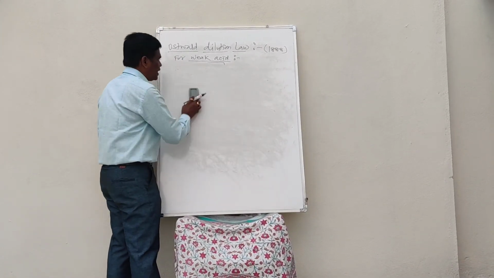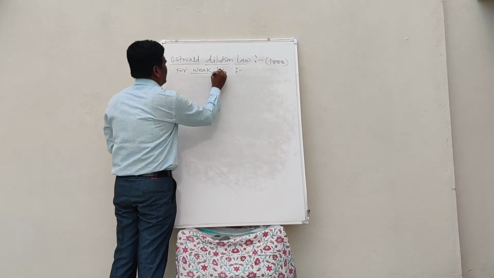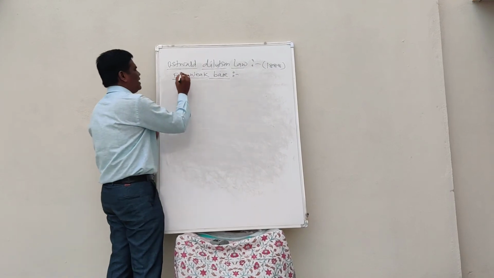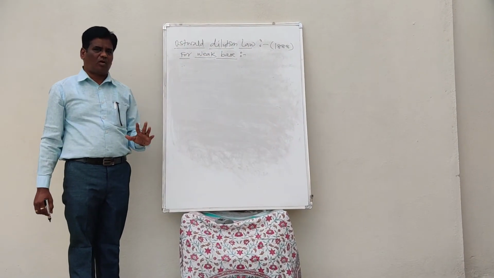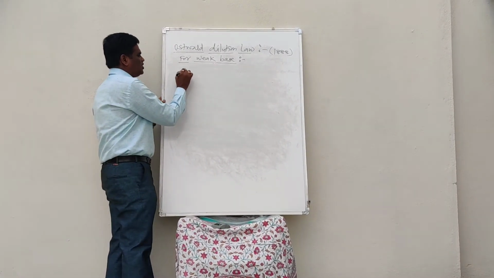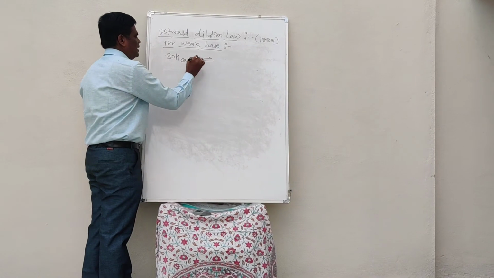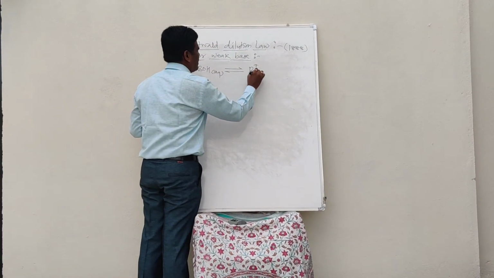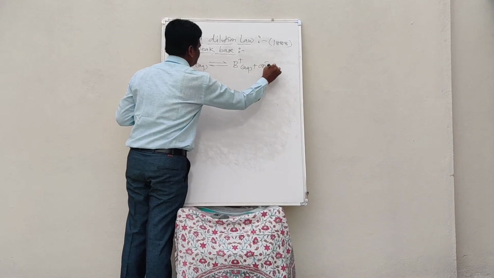Now, how can you derive Ostwald dilution law for weak base? Same way you can derive. Now, which is the general example for weak base? That is BOH. So, BOH in aqueous media dissociates feebly or partially as B plus ions plus OH minus ions.